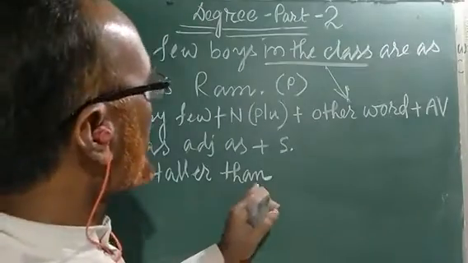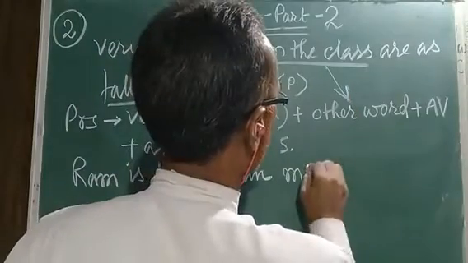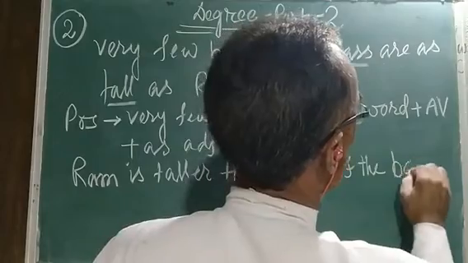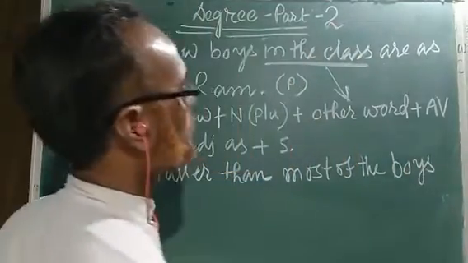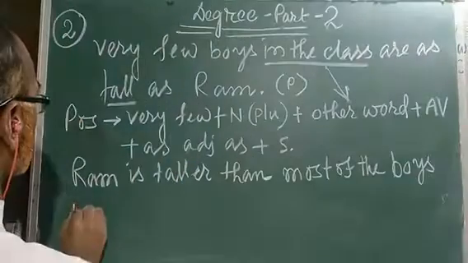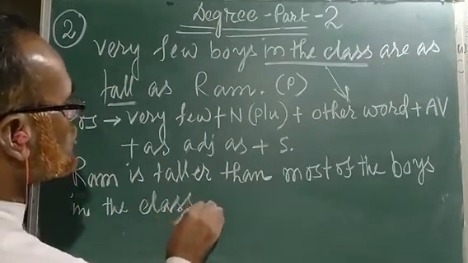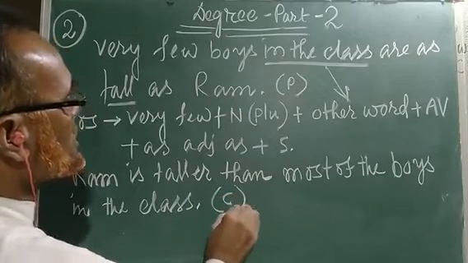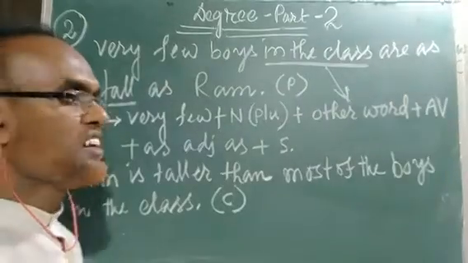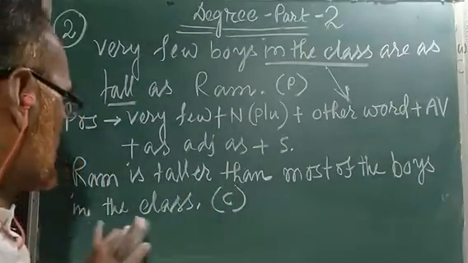Ram is taller than most of the boys in the class. After than, the plural form of noun, most of the boys in the class. It is a sentence of comparative degree. We interchange it: Ram is taller than most of the boys in the class.